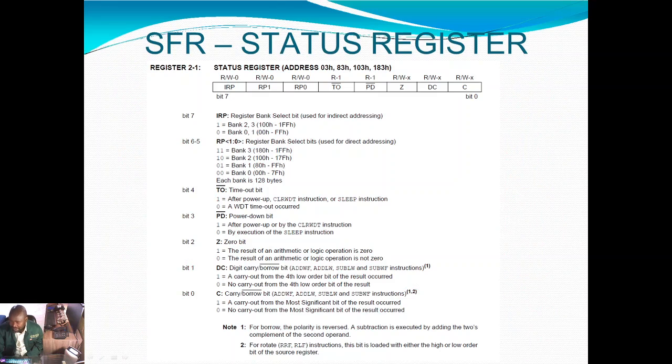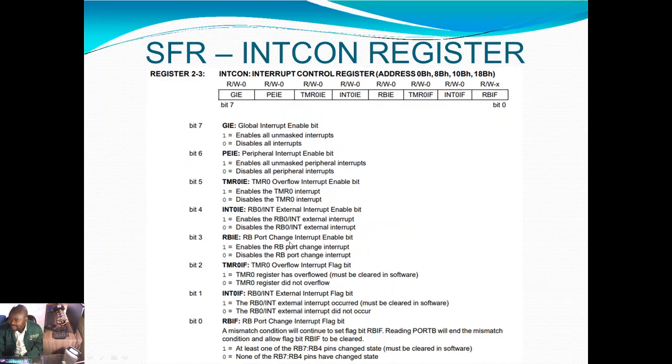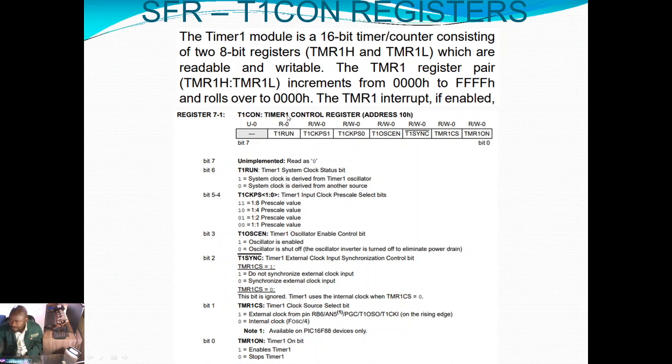Timer 1 has a register called the T1CON register. The T1CON register is just the timer 1 control register. It's an 8-bit register. And timer 1 is a 16-bit timer. It's not like timer 0 where you only have an 8-bit count from 0 to 255.